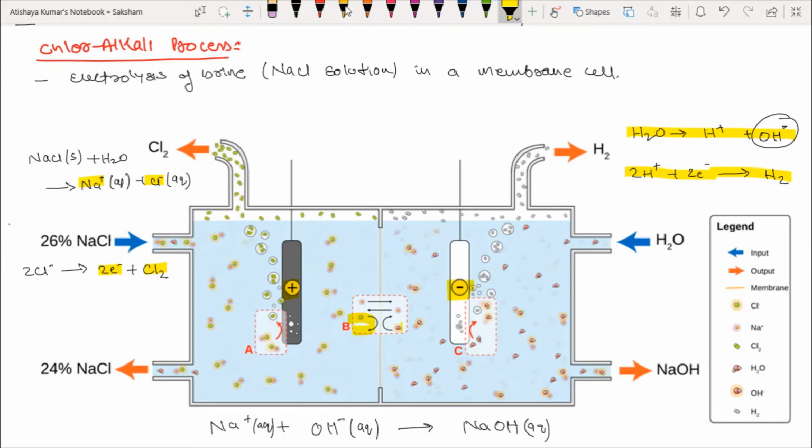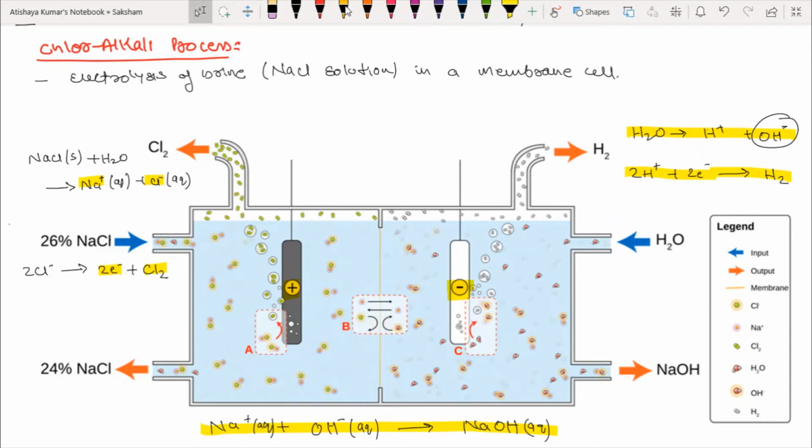Similarly, hydroxide ions are also shown by a U-turn arrow, so the hydroxide ion also cannot pass the membrane. Only Na+ can pass across this membrane. Na+ that is produced in the first chamber reacts with the OH- that is produced in the second chamber, and finally gives NaOH solution.